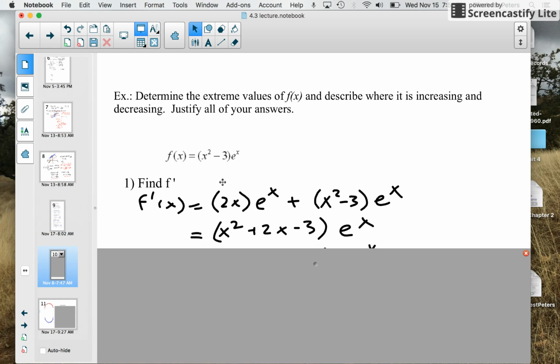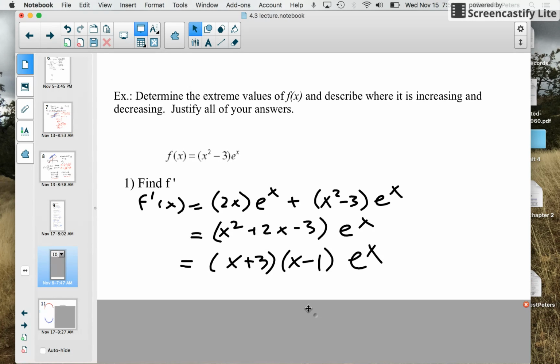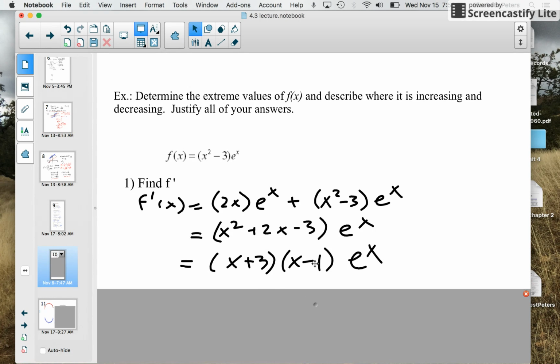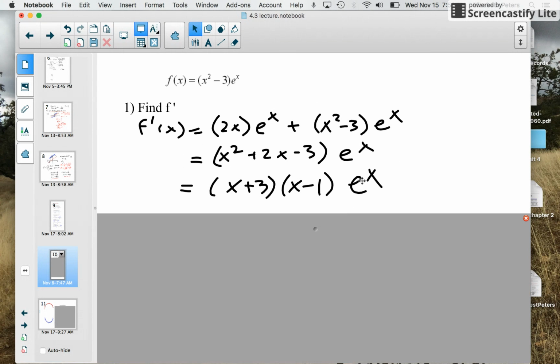We got the derivative of the first one times the second, plus derivative of the second, e to the x, times the first. We're going to simplify by factoring out the e to the x, and then we're going to factor this polynomial. And the reason why we want to factor it is so that we can find the critical points.